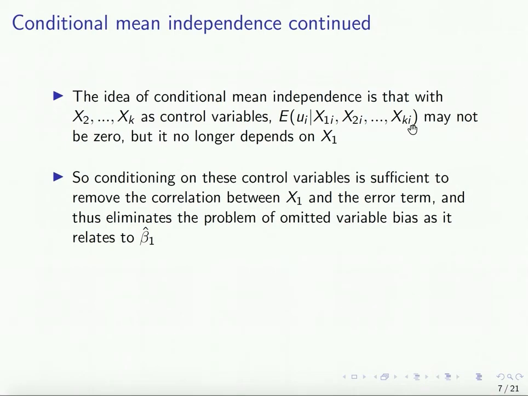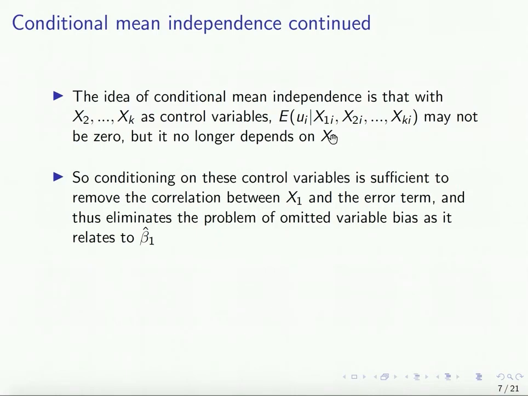So again, by adding control variables, you may get rid of expectation of ui given x1 being different from 0, so you may get rid of the omitted variable bias. This may be at the price of having the conditional mean independence across all regressors be different from 0.